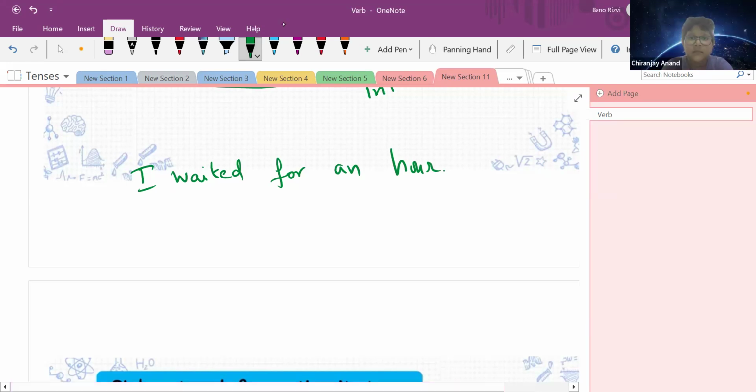What type of sentence is this? If we divide the sentence, "I waited" would be an intransitive verb. And when we join "for an hour", then waited would be a transitive verb.